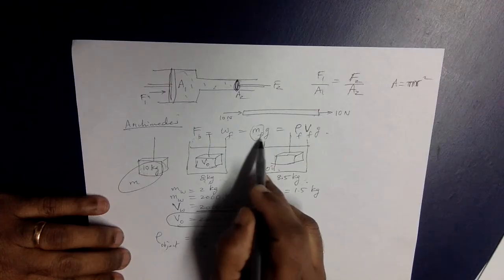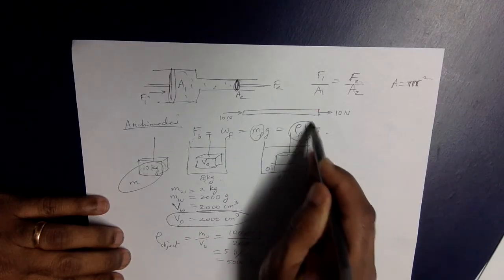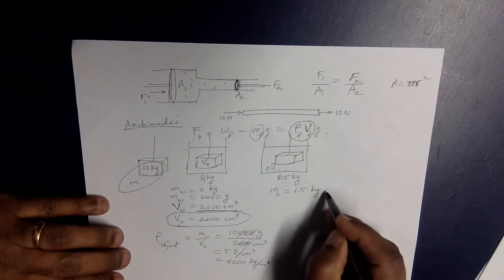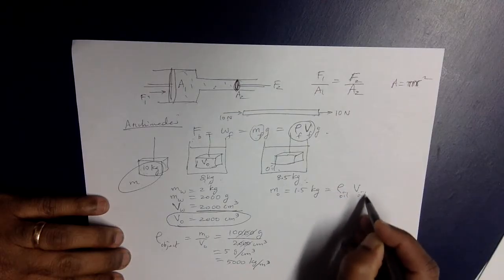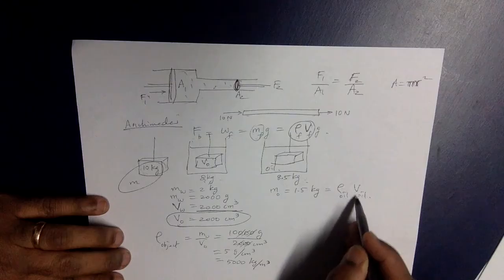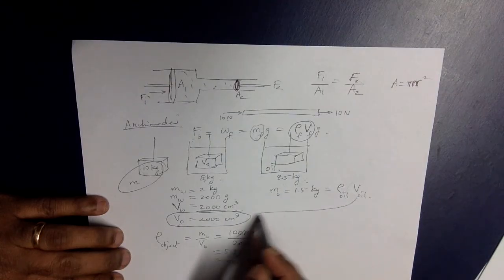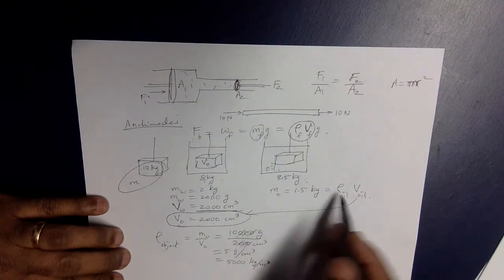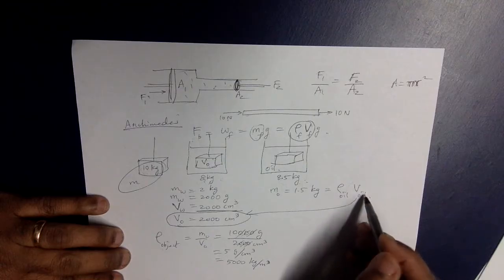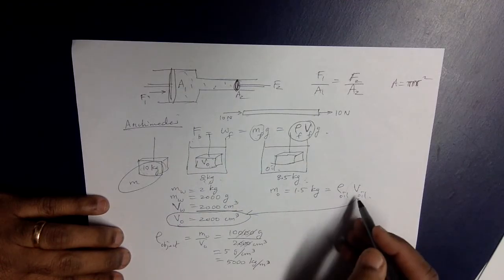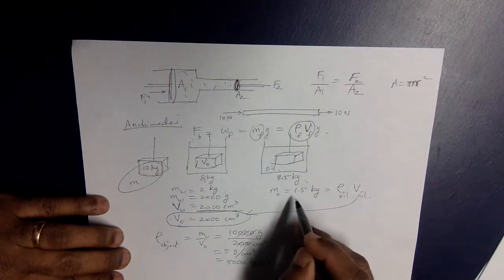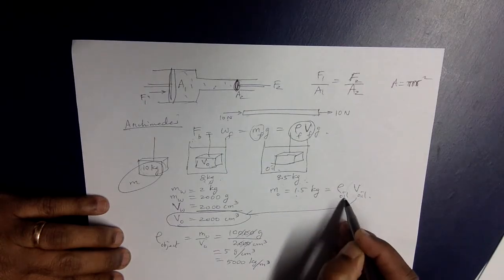Mass of oil displaced is density of oil times volume of oil. But the volume of oil is the same as the volume of the object that goes inside, because how much volume of oil is displaced is exactly as much as the volume of the object. We know this, so we can figure out this.